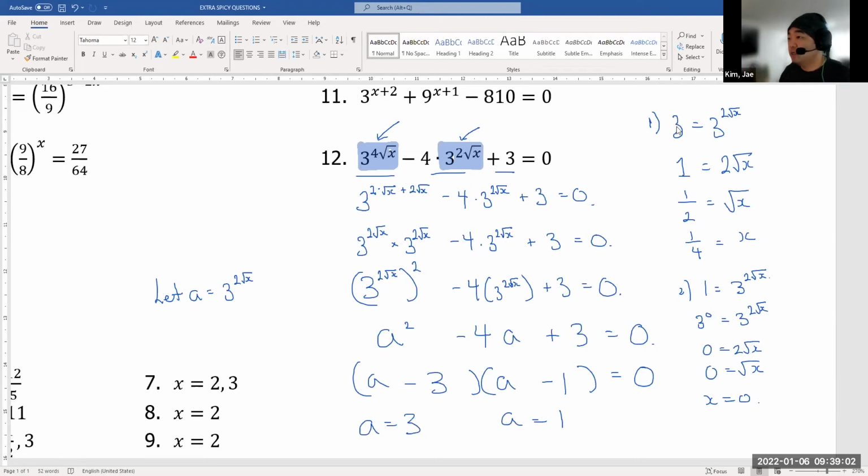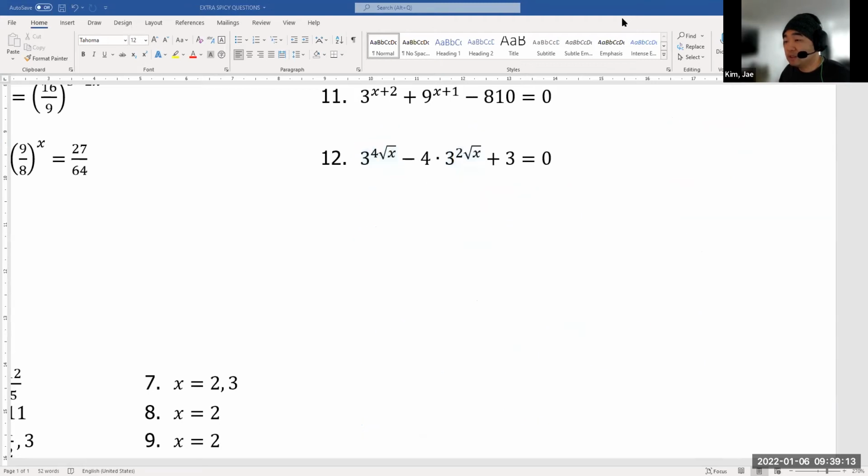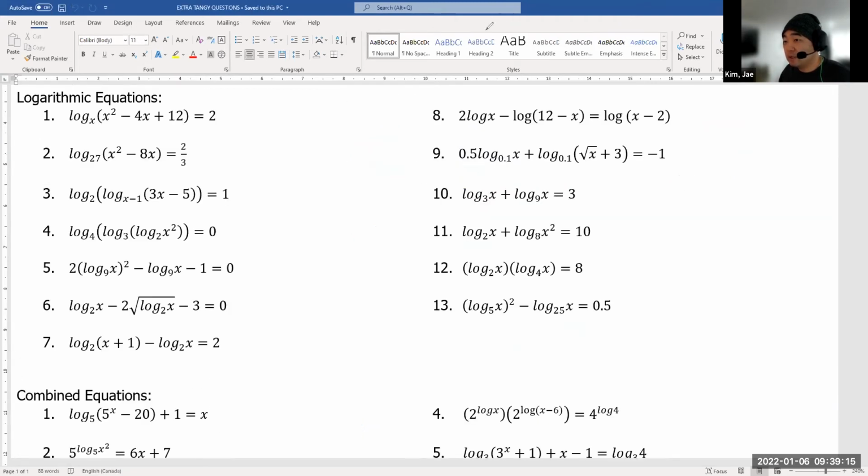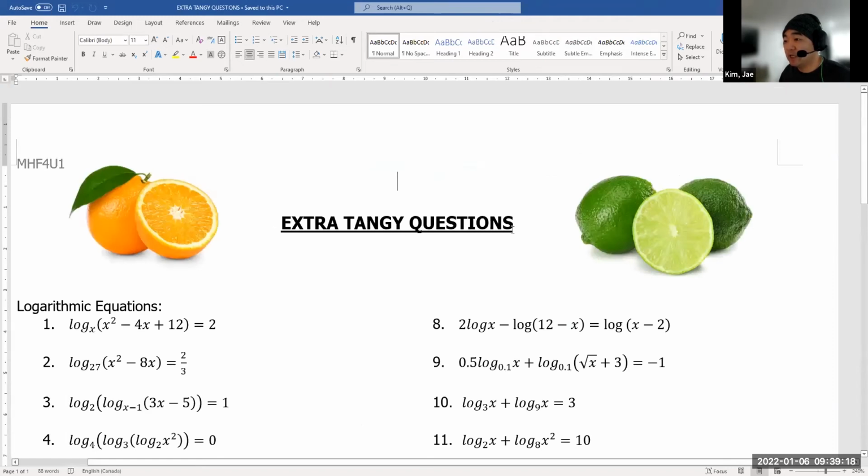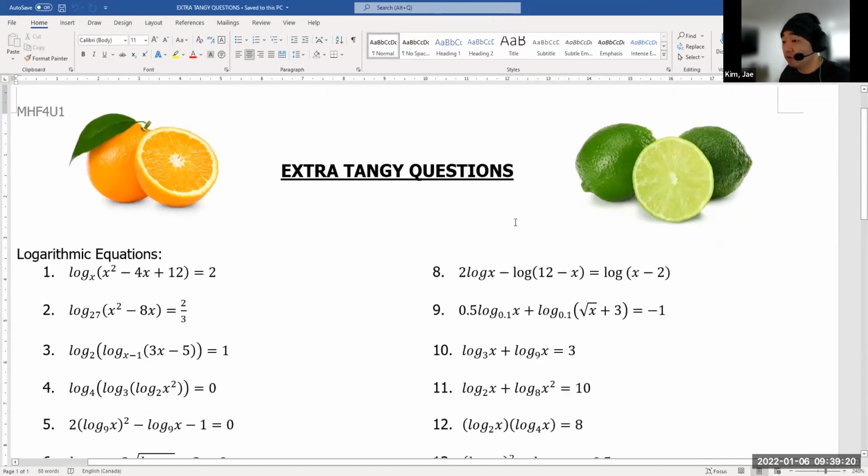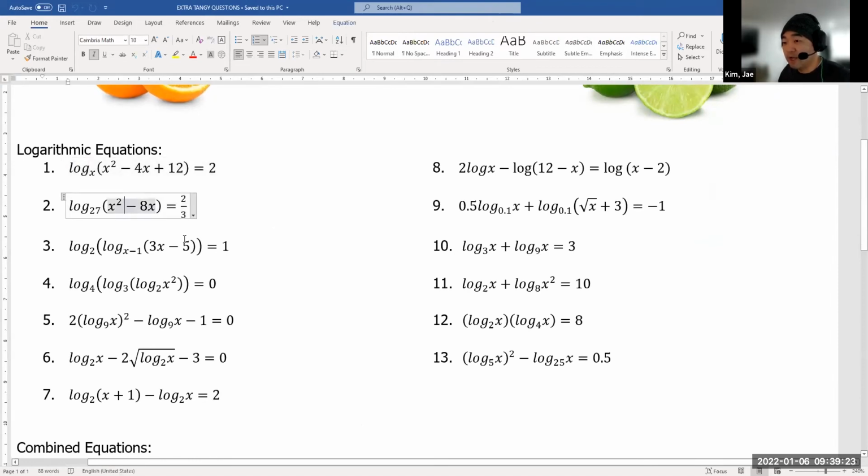Get out whatever resources that you will need, and go to our Brightspace and see if you can pull out this handout. It is the extra tangy questions underneath lesson 7.4. We're going to start working through and hammering through as many of these questions as we can, until maybe around 10:15, 10:30, at which point I'm going to give you another break and then let you work on the chapter 7 assignment during class time. So I will pause now.